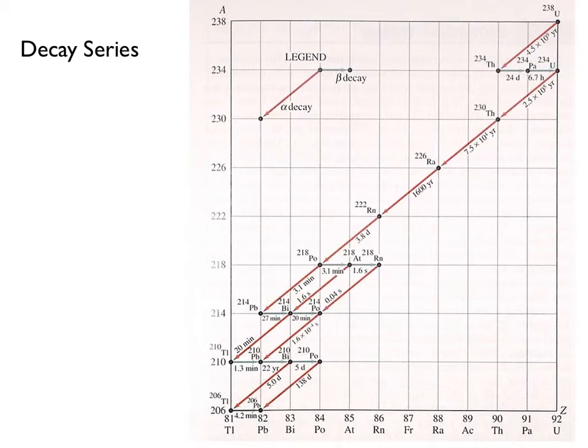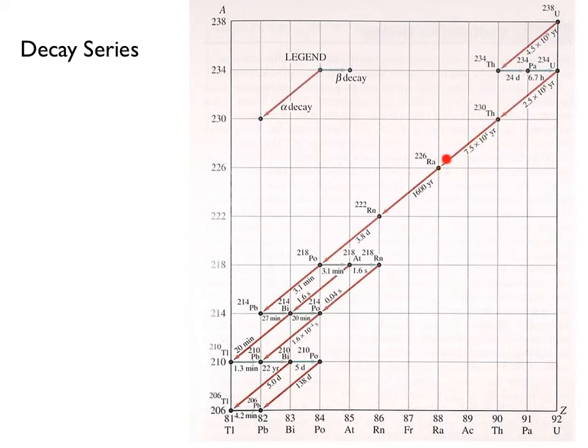Uranium-234 will do an alpha decay to thorium-230 with a half-life of 2.5 times 10 to the 5th years. The thorium-230 will undergo an alpha decay into radium, and this decay has a half-life of 7.5 times 10 to the 4th years.